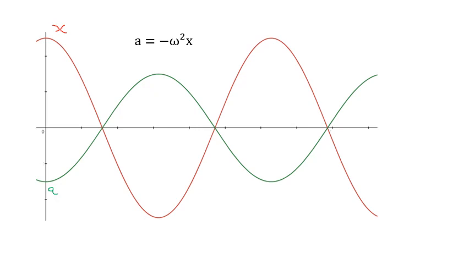That agrees with this equation here: a equals minus omega squared times x. They are not inversely proportional to each other, they are proportional to each other with a negative constant. So acceleration and displacement are proportional to each other, but in opposite directions.